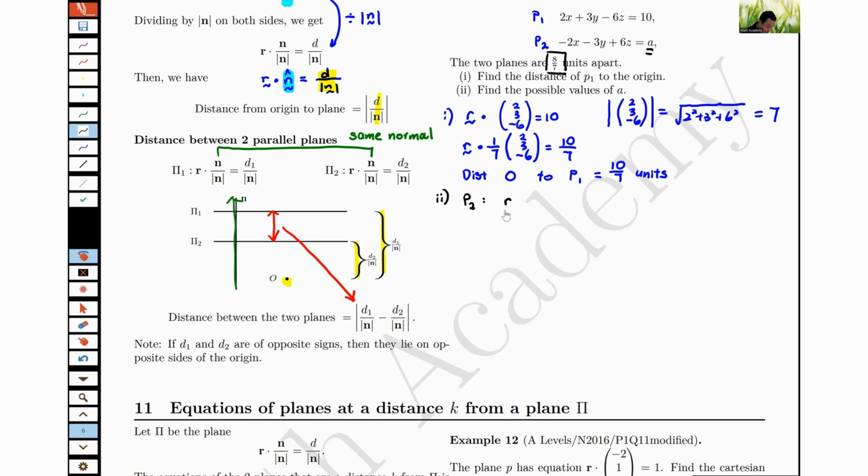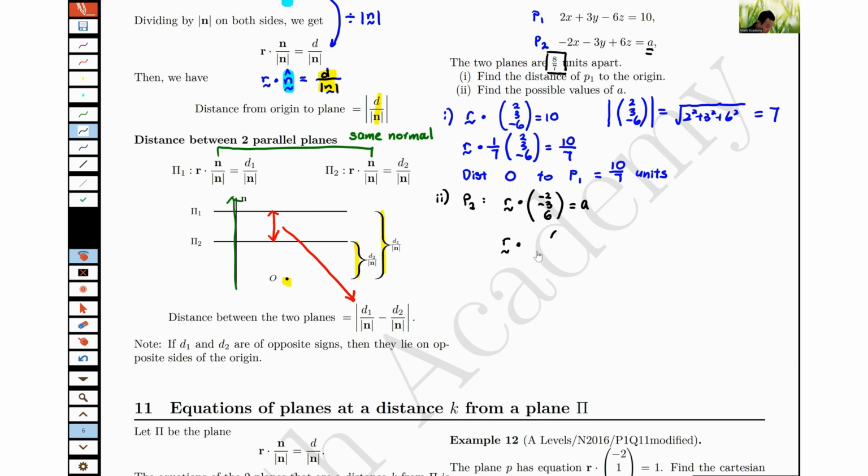Let's change the P2 equation to scalar product form. It's minus 2, minus 3, 6 is a. But we should quickly realize that this normal is not in the same direction as P1. It's the negative.